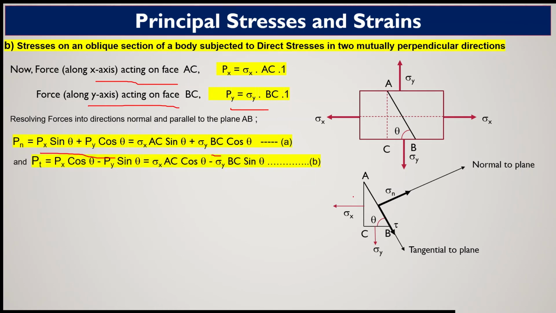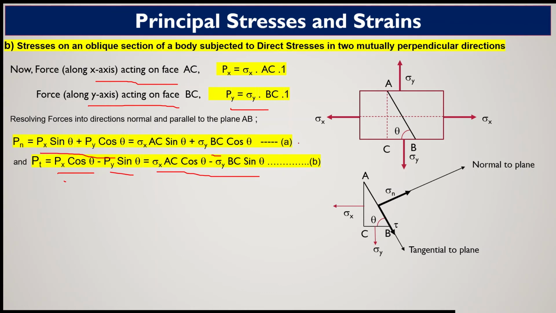And similarly, PT will be the force acting along the plane, that means tangential to the plane AB, given by Px cos theta minus Py sin theta. When you resolve these forces, you will get this equation: sigma x AC cos theta minus sigma y BC sin theta.